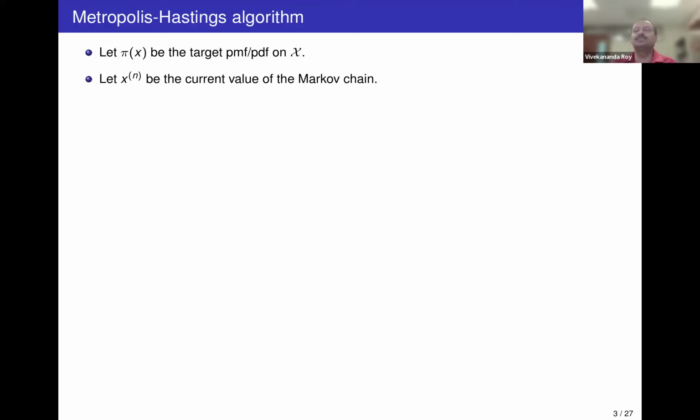And we are assuming situations where direct IID sampling from pi is not practically feasible.